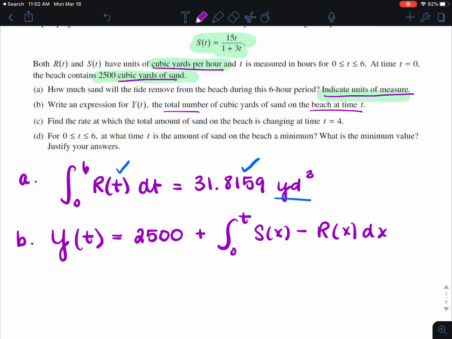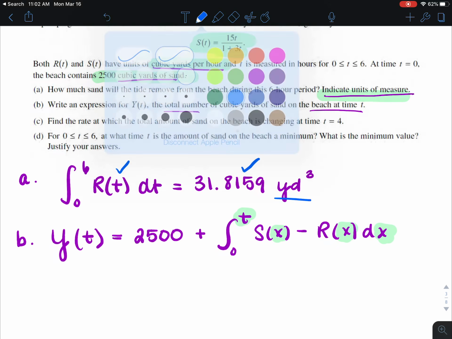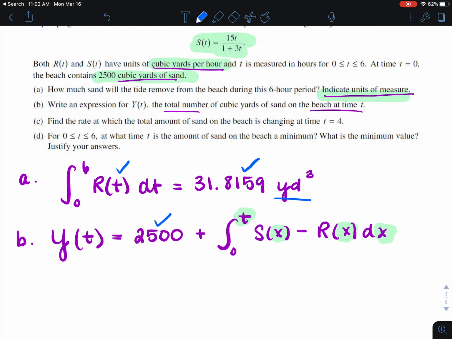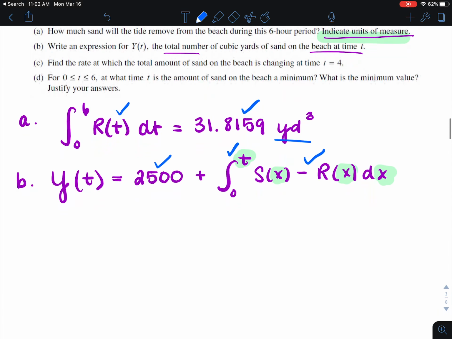What's important here with the integral is to make sure that you don't use the same variable twice. This is the fundamental theorem of calculus: if you were to substitute in, you would have to have a different variable there. So don't use t in the integration symbol. This question was worth 3 points: 1 for using the initial condition, 1 for the limits of integration, and then 1 for the actual remaining part of the integral.